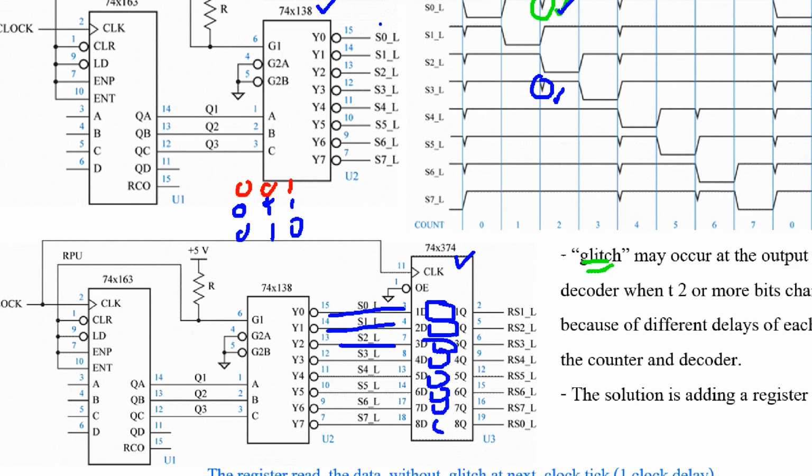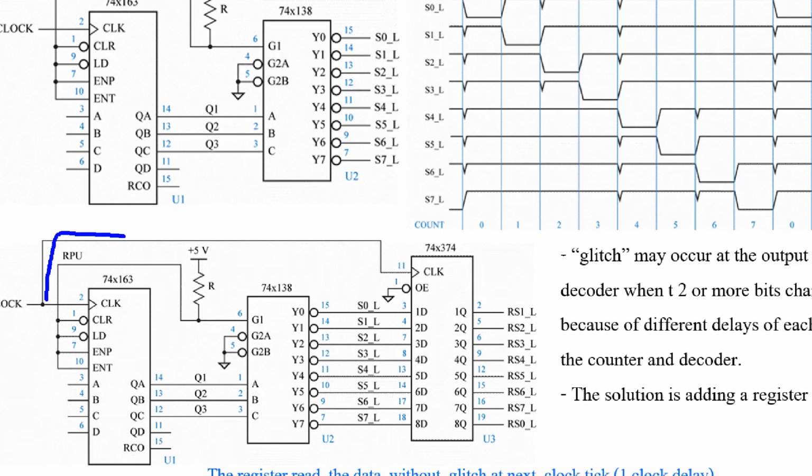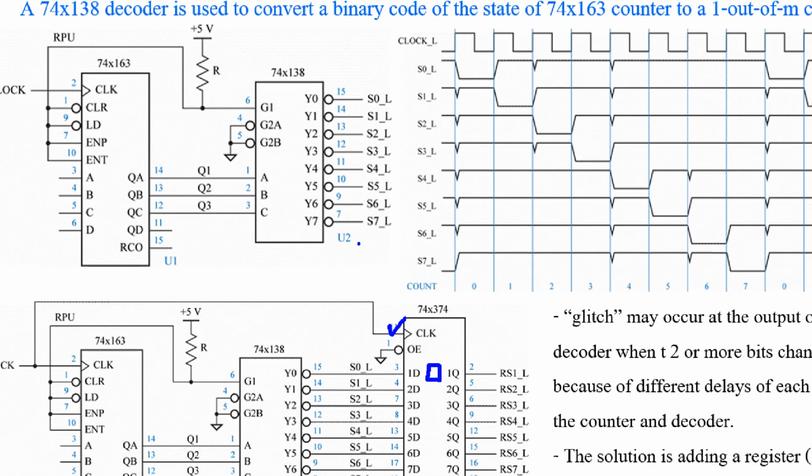The register for this one is an 8-bit register. Internally there are D flip-flops inside, right? And use the same clock. So what happens? Because a D flip-flop updates its value when the clock ticks, that means for this clock tick, it will read data at this point in time, where there is no glitch.